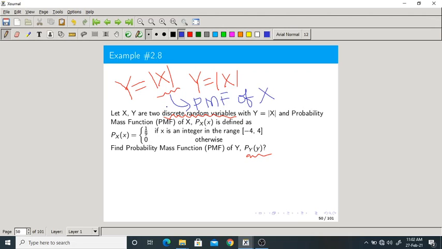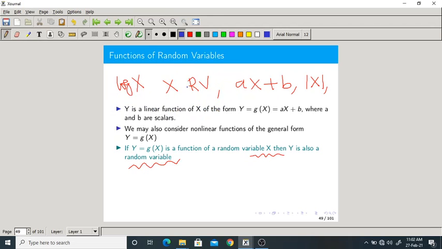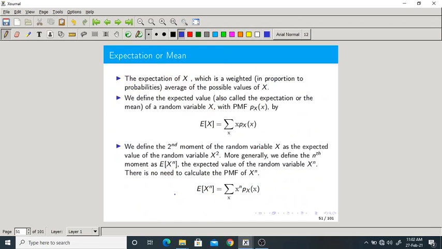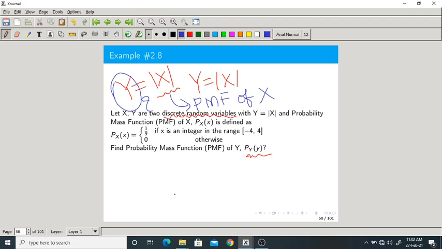PMF of X is given to us, and we have to find out the PMF of Y. So in these functions of random variable, generally we will be given the probability mass function of X, and we have to find out the probability mass function of Y. But Y is a function of X. It can be linear or non-linear. Now, what will you do? How to solve this?